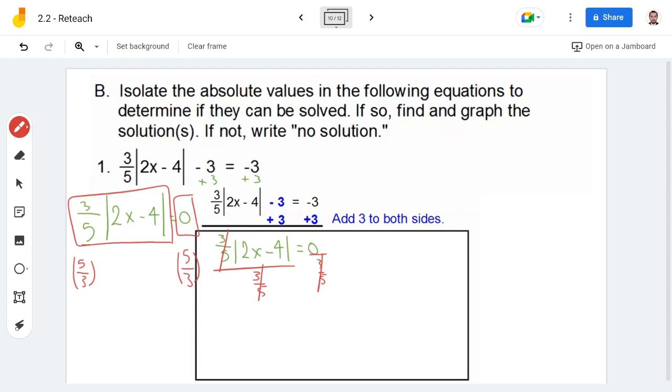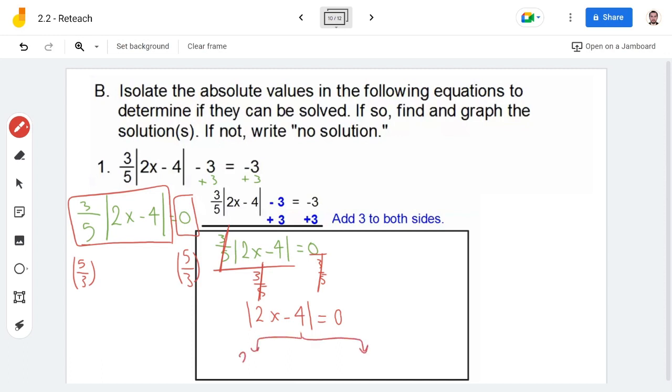So 3 over 5 cancels, and it remains 2x minus 4, absolute value, equal 0. Absolute value equals 0, and 0 over any number is equal to what? Equal to 0.